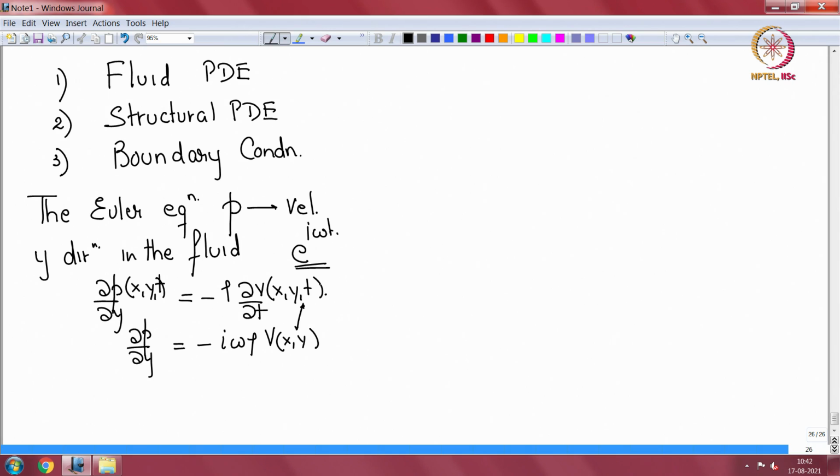The upper V is this V times e to the power I omega t. So please get used to this, otherwise I'll have to keep writing too much. Here P is the coefficient of the time term and V is the coefficient of the time term. So this is the Euler equation valid within the fluid.